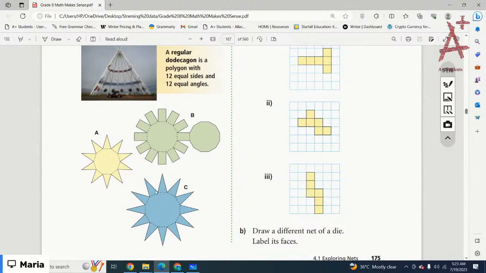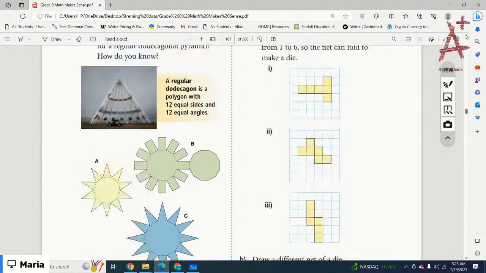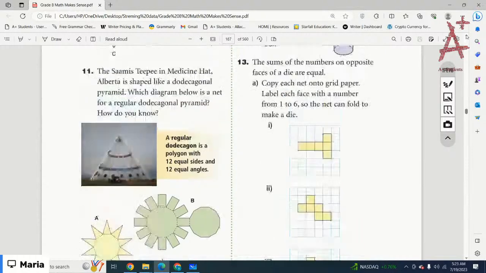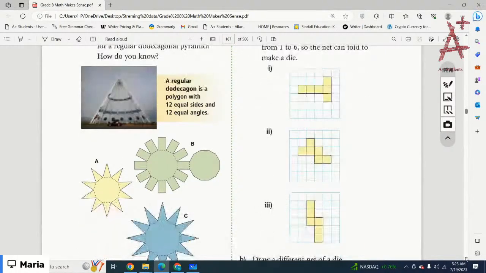A, 1, 2. That means option C is the correct option, I think.